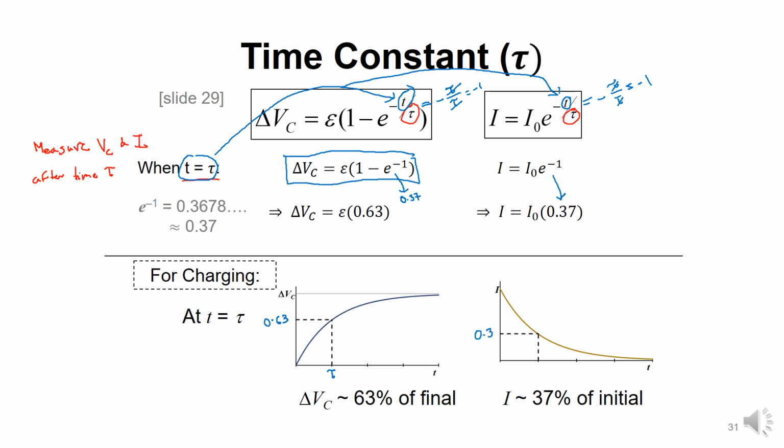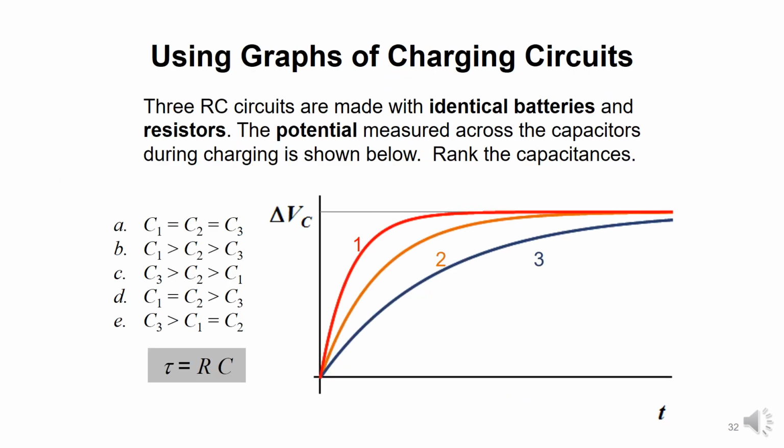Similarly, for the current graph on the right, we have 37%, and the time it takes to go from 100 to 37% is the time of tau. So these are clever ways of finding tau from a graph of a voltage or current. Look at the magic numbers, 63% and 37%. That will help you figure out the value of tau.